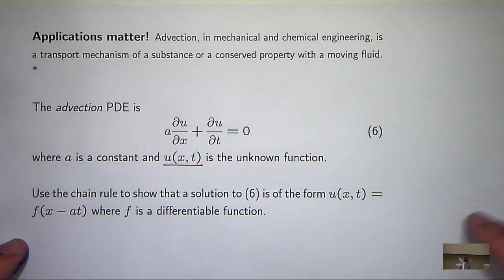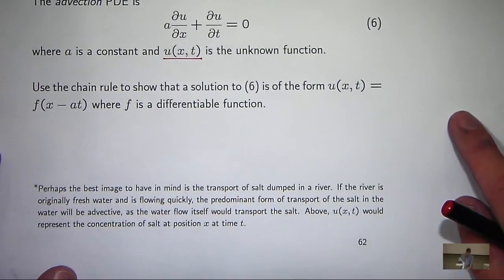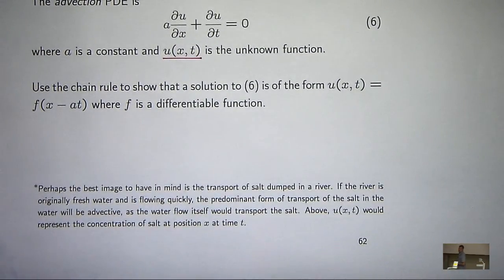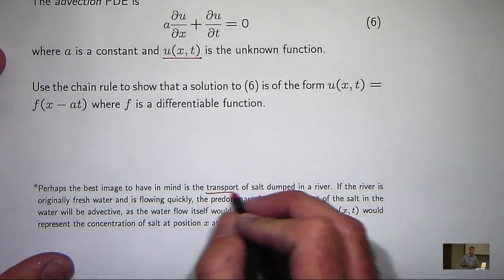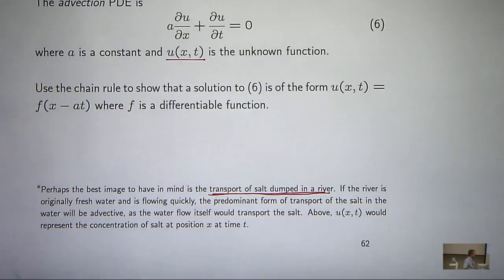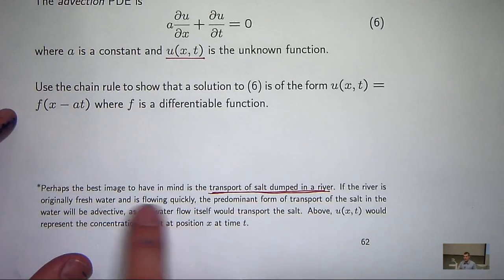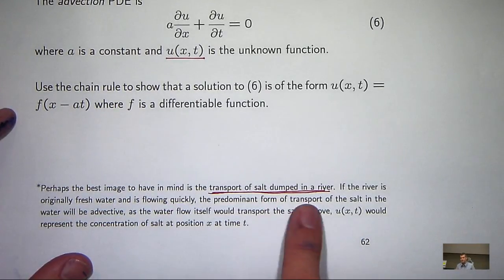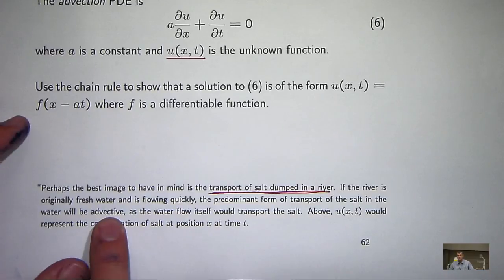Okay? Now, just to give you some sort of insight into that, with advection, you can think of it as representing the transport of salt that's dumped in a river. Okay, if the river is originally fresh water and is flowing quickly, the predominant form of transport of the salt in the water will be advective.